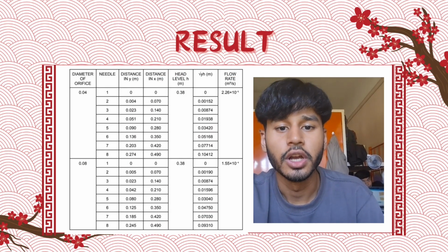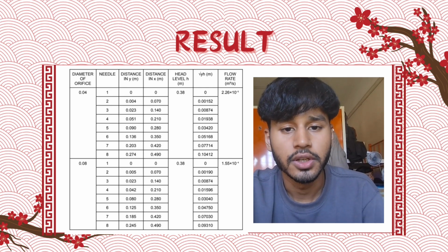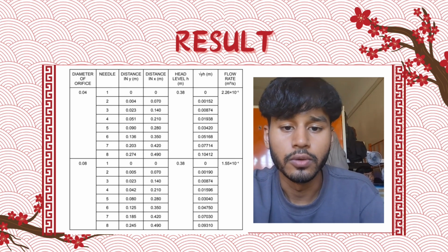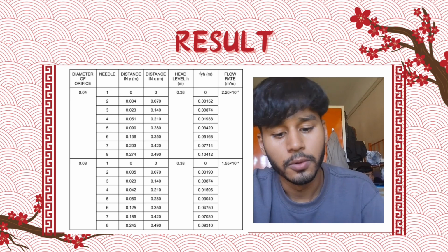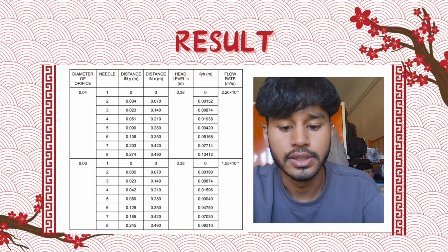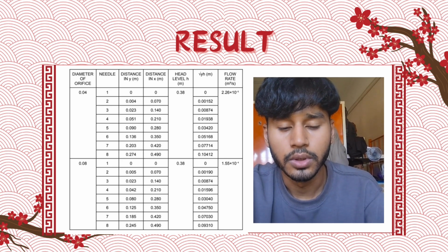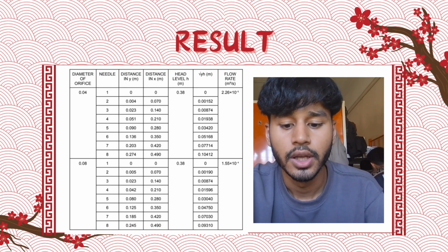So we finish our experiment. Now let's talk about the result. For the result, we use diameter of orifice 0.04 and 0.08, and then we calculate the distance in Y and distance in X. We also calculate the head level, and then we calculate using the formula square root of Y times H, and then we calculate also the flow rate.